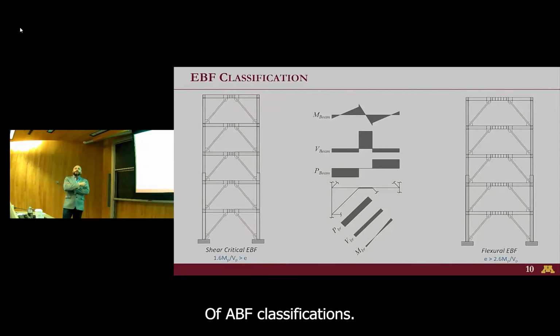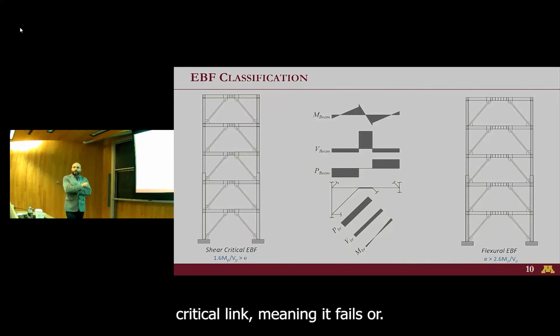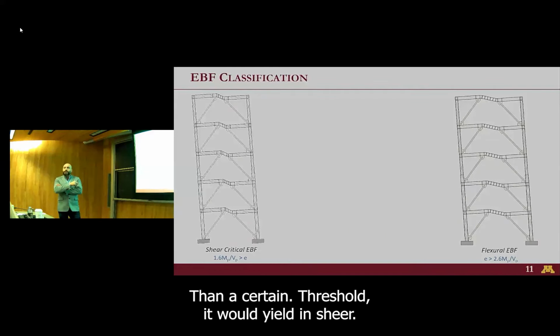In terms of EBF classifications, depending on the length of the yielding link, you may get a shear critical link, meaning it fails in shear or yields in shear, or a flexural critical link, meaning it fails or yields in flexure. So essentially, if it's shorter than a certain threshold, it would yield in shear.